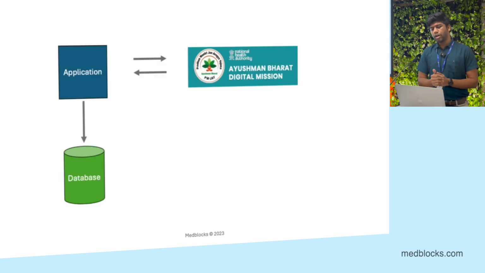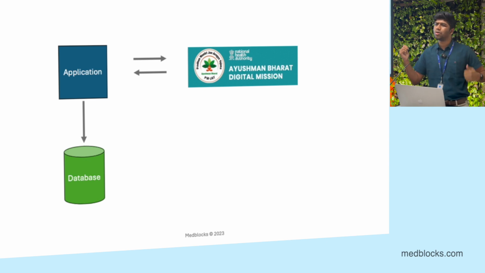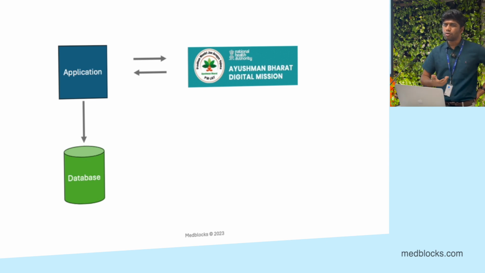But the problem right now is that this is the approach that most people want you to take, which is you have an application, you build some extra code in your application to talk to the new protocol released by the government, ABDM, right? So what exactly is this and what does it allow you to do? You can take your phone and download these apps.